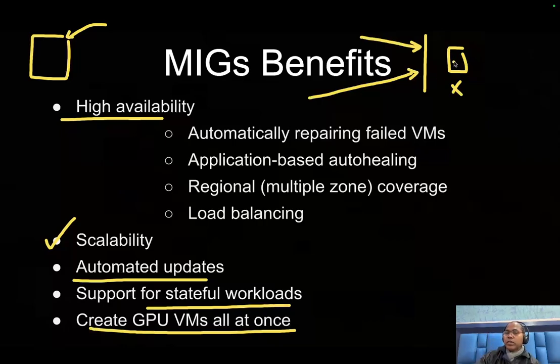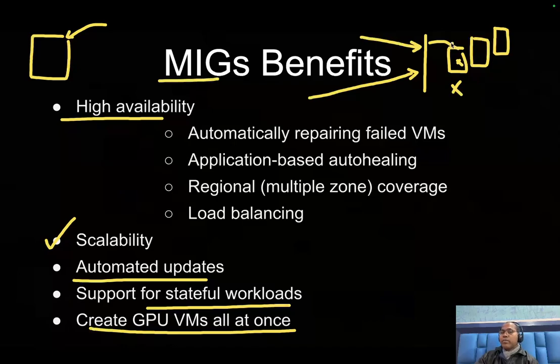How is it possible? If this server is crashed or down, our application is not available for that period of time when the customer tries to access it. This is possible with a managed instance group. Managed instance group says no problem, I already have another server to serve the request.